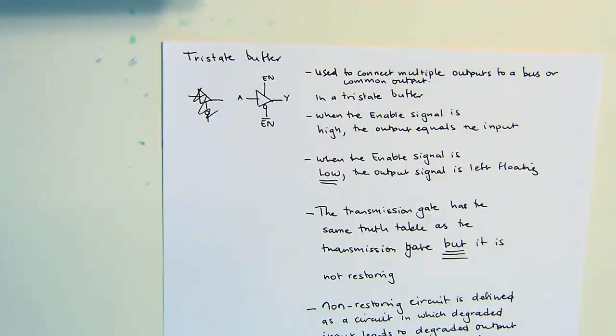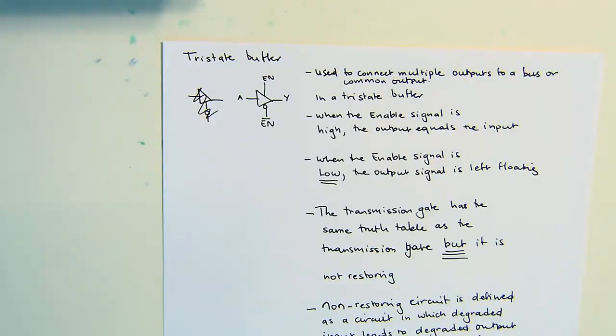Usually what you've got is an output, and your output could be both input or output, or you might want to, for example, connect multiple things to a bus. Who knows what a bus is? The data bus. Yes, the data bus, not the bus that you get on.